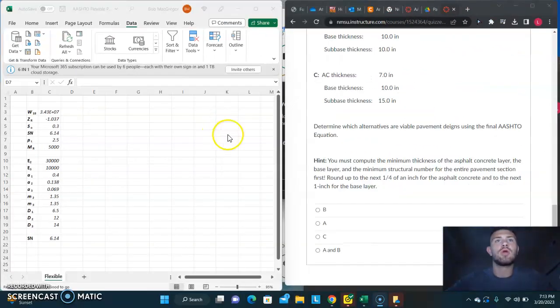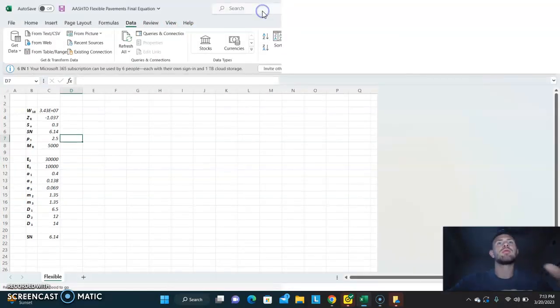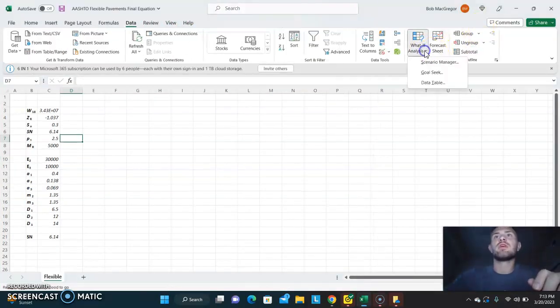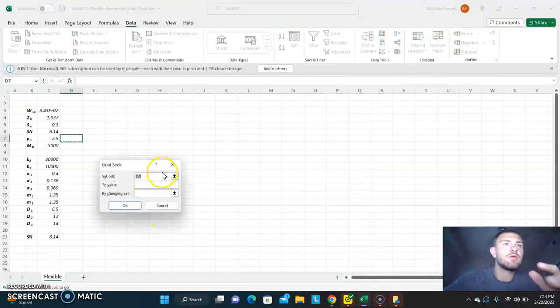What is happening? I could find the minimum structural number because it says to find the minimum structural number.